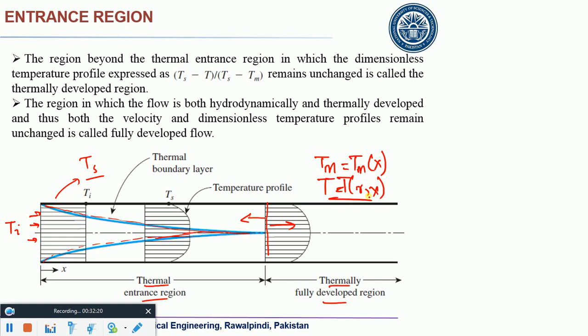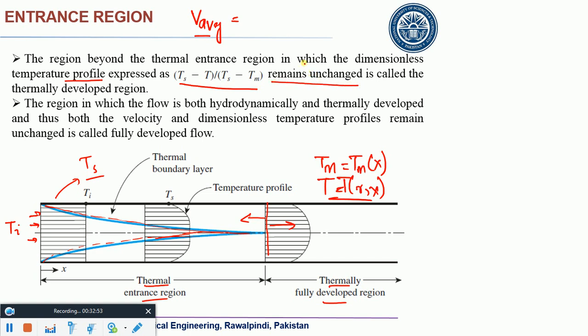So how can we define this thermally fully developed region? Just like we defined a term V average in case of hydrodynamically fully developed region, and we said that V average is not going to be a function of R or X, we defined a parameter for thermally fully developed region. It is the region beyond the thermal entrance region in which the dimensionless temperature profile expressed as Ts minus T over Ts minus Tm remains unchanged.